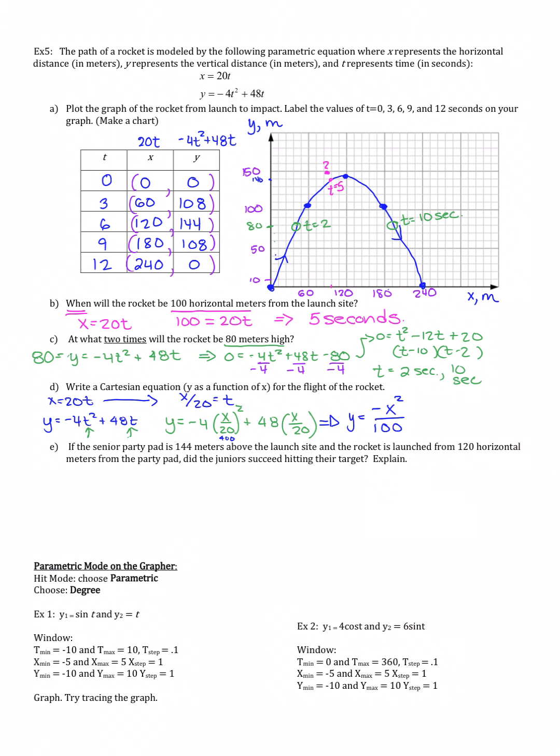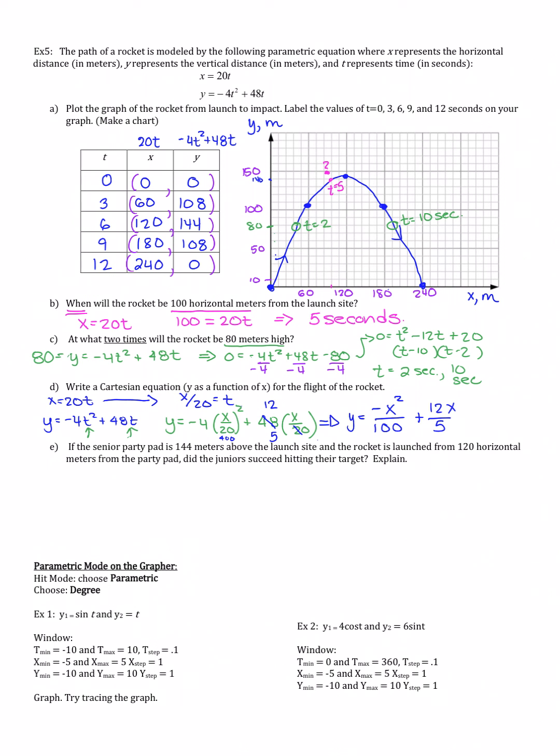And then we have 48 over 20. 4 goes into both of those, so 4 goes into this 12 times, it goes into this 5 times, so plus 12x over 5. That would be eliminating your parameter, just your normal function in terms of x and y. And it's just your normal parabolic behavior, okay?